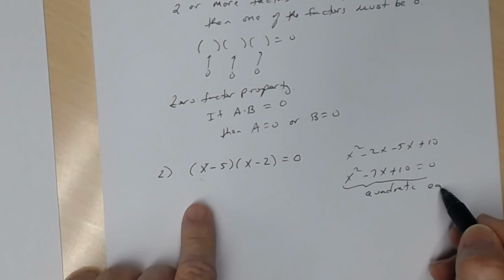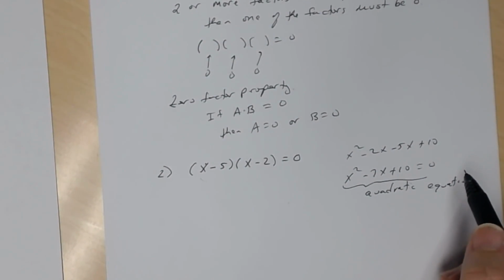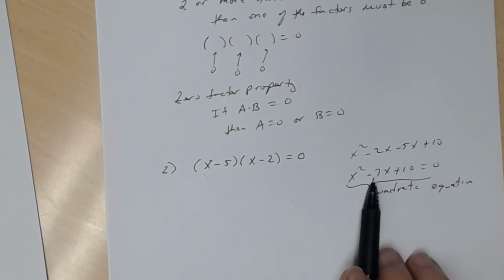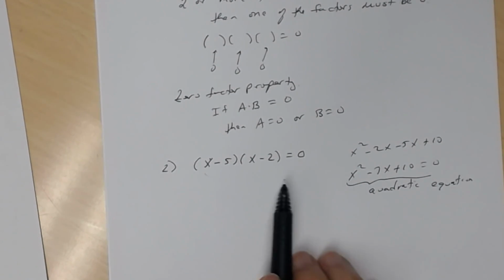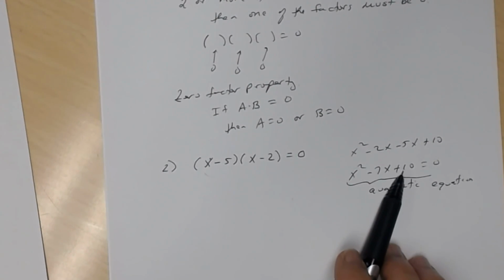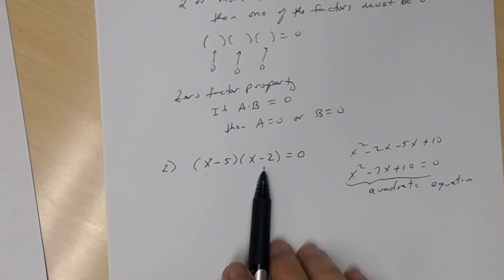Whenever we solve a quadratic equation by factoring, you have to make sure that the quadratic expression is factored. Do y'all see that in number 2, this quadratic equation has already been factored for you?